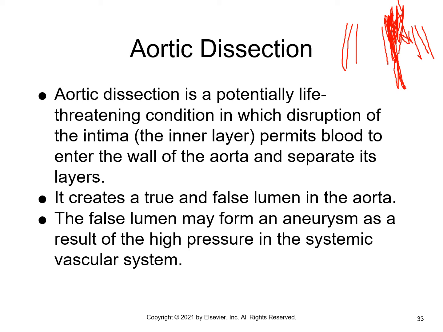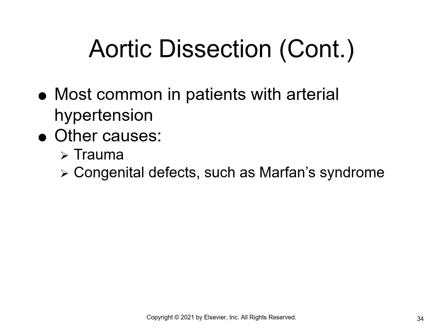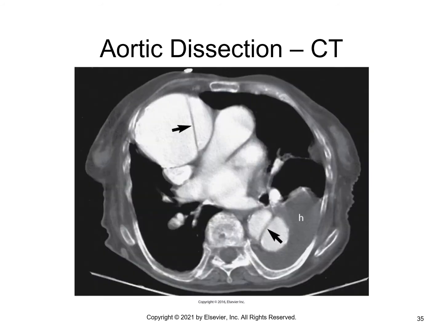With this, it creates a very life-threatening situation. It's most common in patients with arterial hypertension. However, it can also be found in things like trauma, congenital defects, or Marfan syndrome, which is a connective tissue disease.